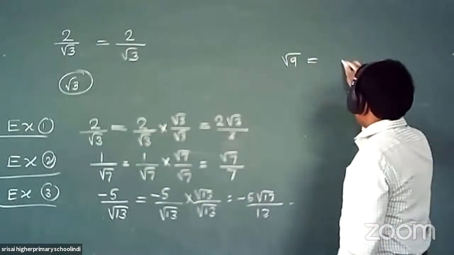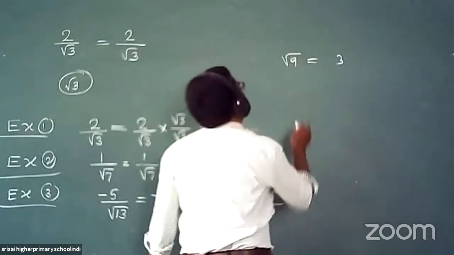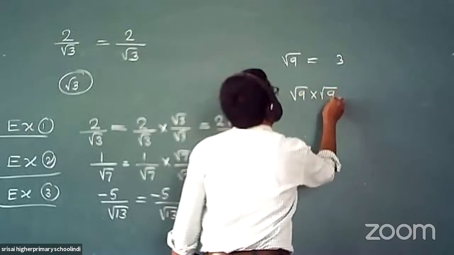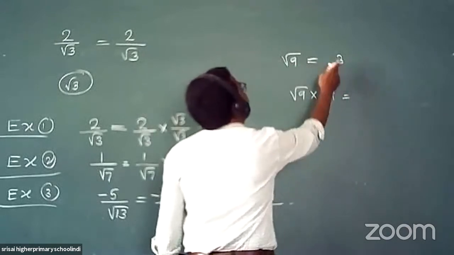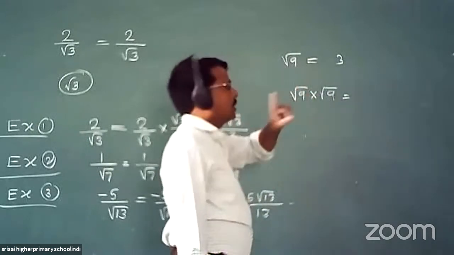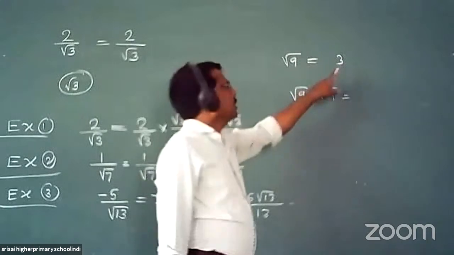3. Okay, 3. So if I write square root of 9 into square root of 9, what is the square root of 9 value? Sir, 1. No. Square root of 9 equals how much? 3.